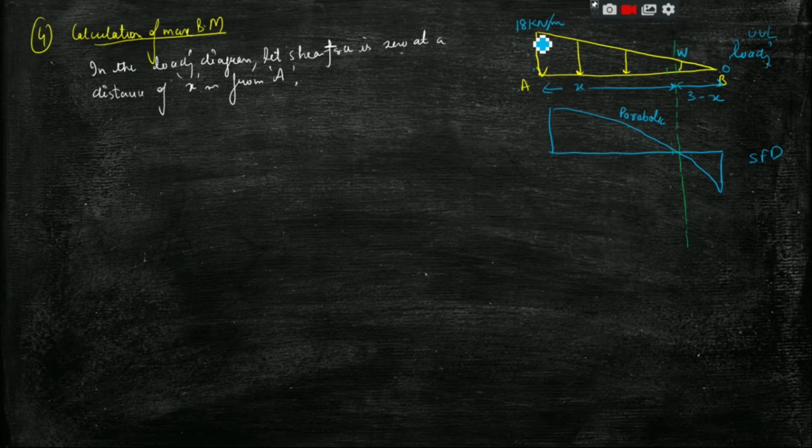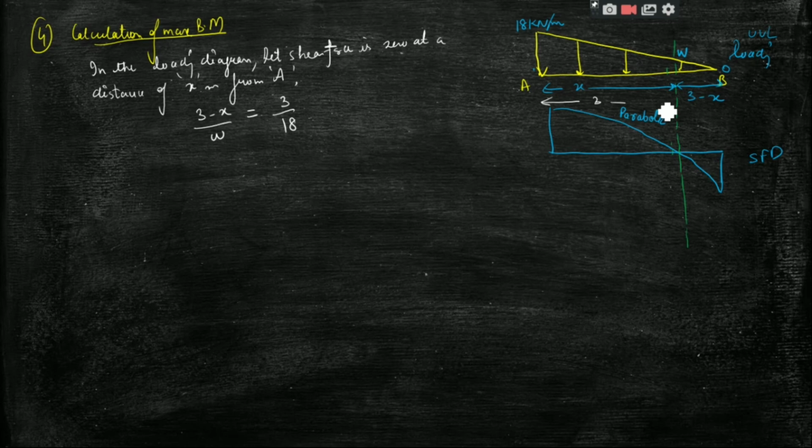So from the similar triangles in these two triangles, we will have (3 minus x) upon w is equal to 3 upon 18, because the length of the bigger triangle is 3 meter.